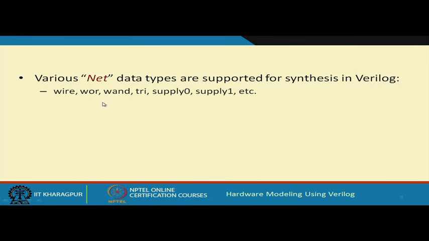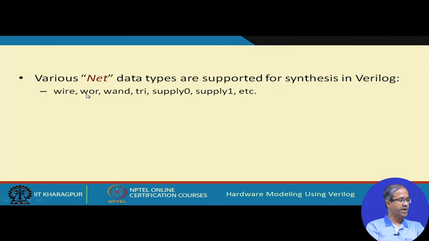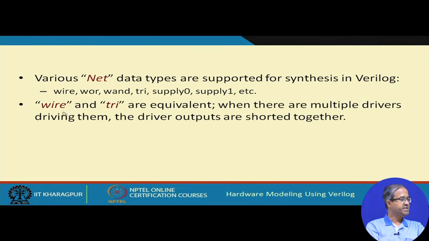In Verilog a large set of net data types is supported. Some of the important ones I am showing here: wire, wired OR, wired AND, tri-state, supply 0 and supply 1. This wire and tri are equivalent. When multiple drivers drive them, the driver outputs are shorted together.